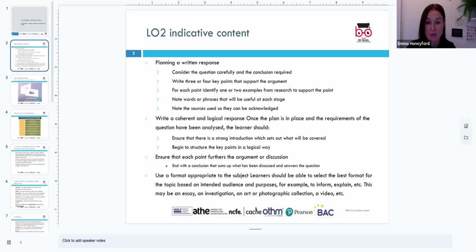You need to be able to demonstrate within your answer that you have addressed this, that you can identify appropriate terms and concepts. So just a reminder, I just wanted to break it down.